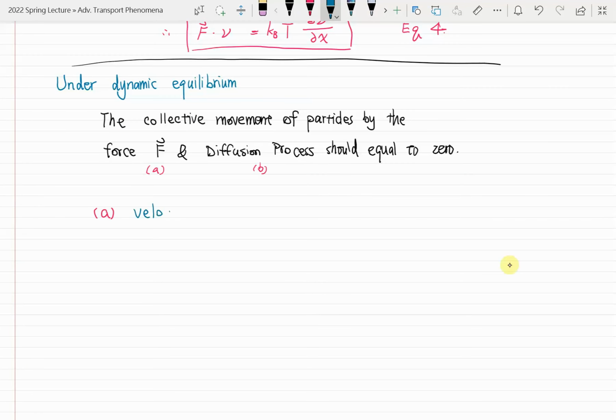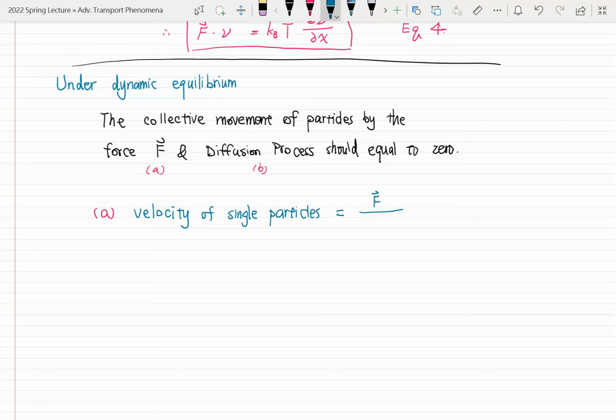Based on Stokes' law, the velocity equals the force exerted on a single particle, and because it's moving through the liquid, it's going to experience drag, right?